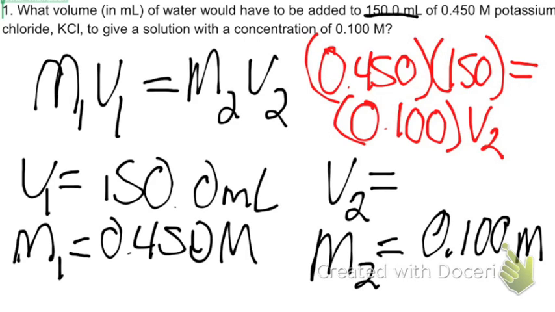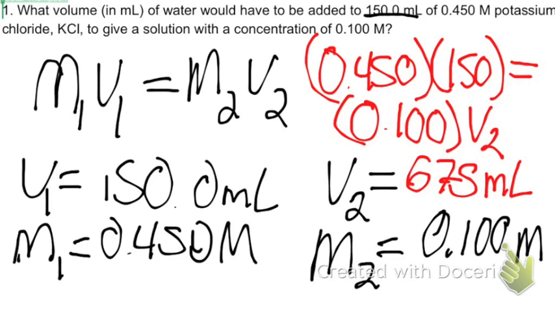We are going to need to divide both sides by 0.1. So in the calculator, let's do 0.450 times 150, divide that by 0.100, and that should give us what the new volume is going to be. So our new volume is going to be 675 milliliters.